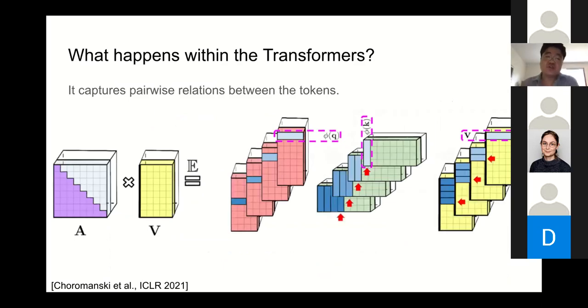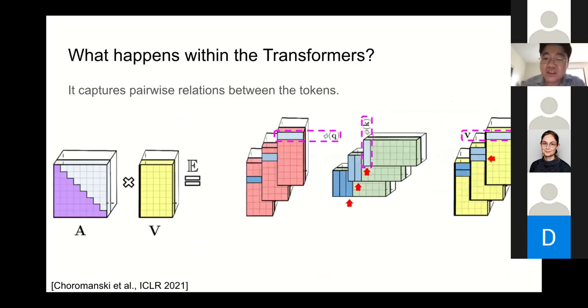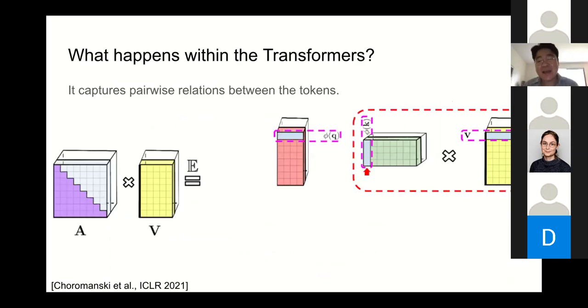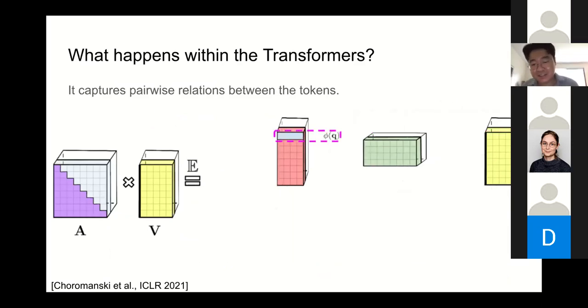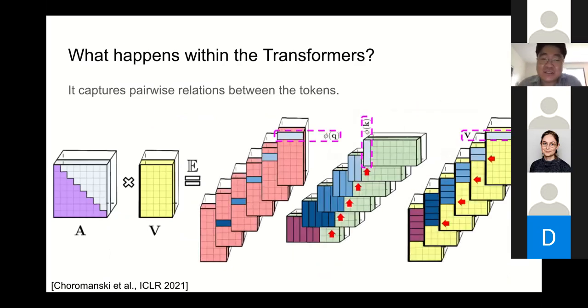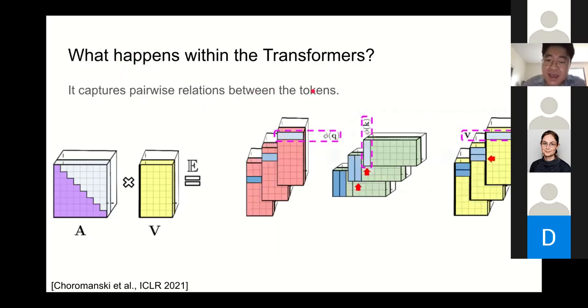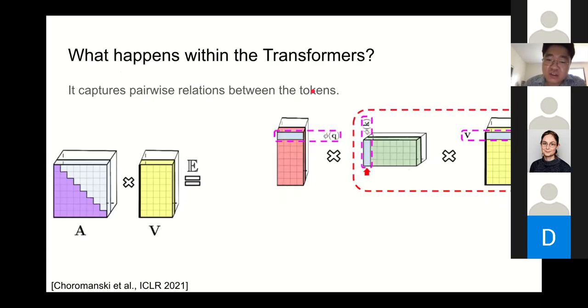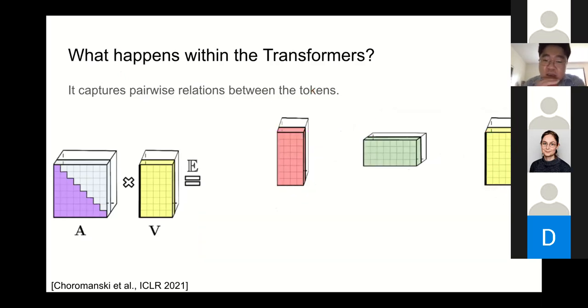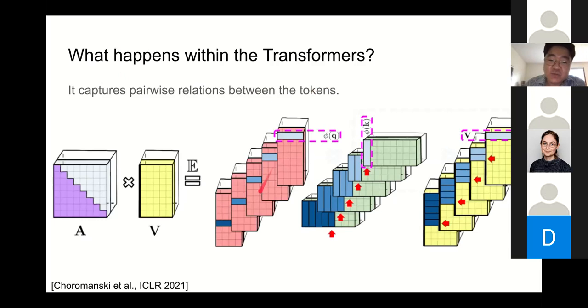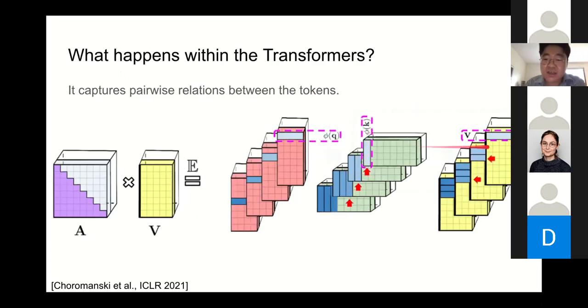And if we look at what really happens within the transformer, I just mentioned that it magically models all the pairwise relations. And the key here is the pairwise relationship. We prepare multiple tokens, and then we try to enumerate all possible pairings. For those of you who are familiar with transformers, there is always query, key, and value.